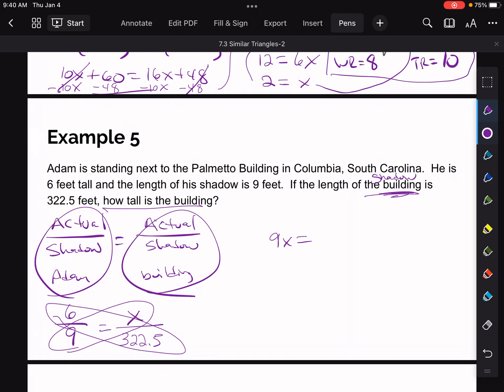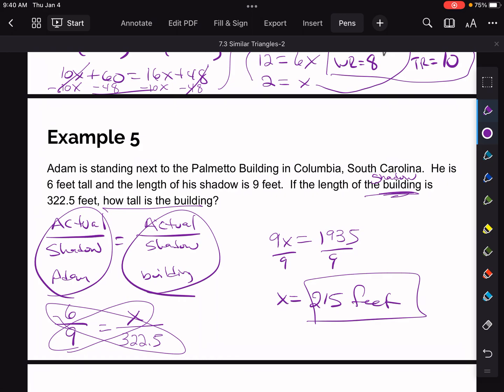So give me 1 second to put that one in. 322.5, if I multiply that by 6, I get 1,935. And then if I divide both sides by 9 here, we can figure out what x is, and x is going to be the actual height of the building. Okay, so if I take 1935 and divide that by 9, I get 215 feet.